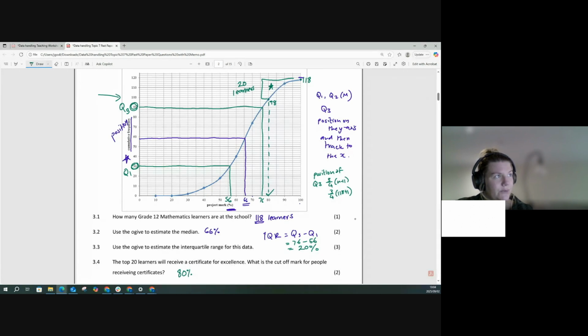So we first need to find our 20 learners over here, and then we can see what their cutoff mark was. Yeah, well, in this situation, Abu, the person who got the top mark got 100%.